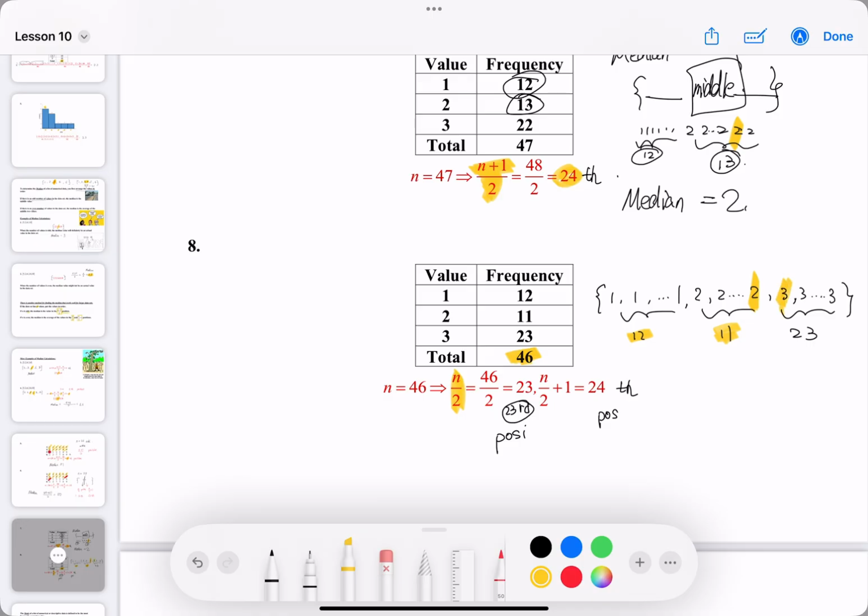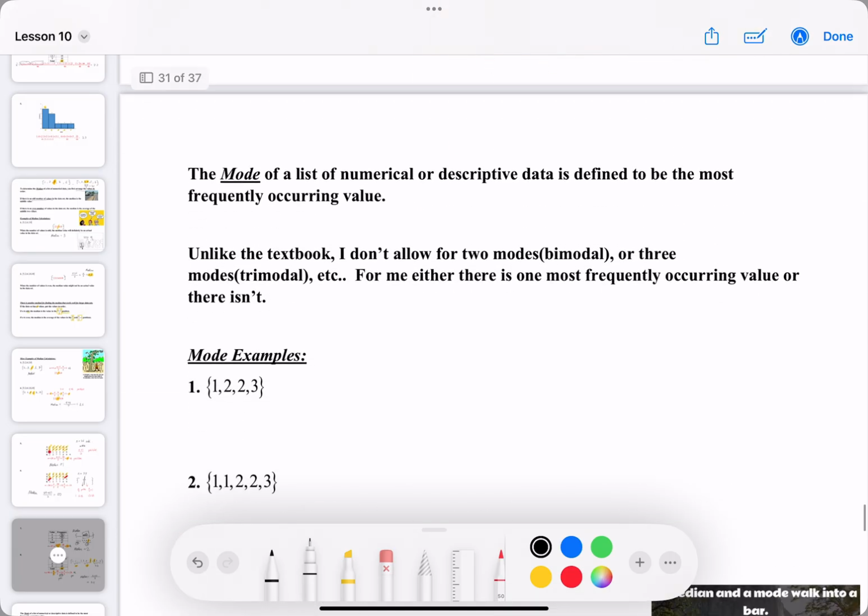All right, the median equals the average of these two middle numbers. 2 plus 3 divided by 2 equals 2.5. Okay, my median is 2.5.